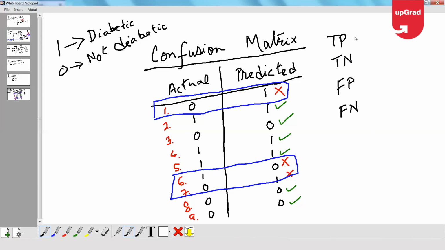So let me give you a shortcut on how you can remember this. On the right-hand side, these positive and negative ones, you always assign to 1 and 0.